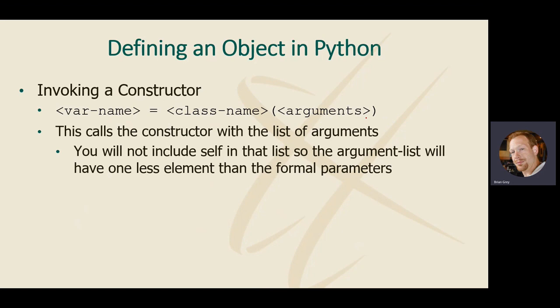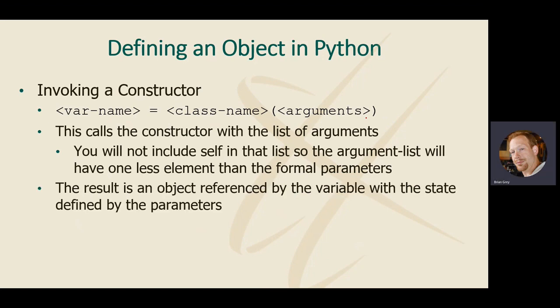So we will have always one additional formal parameter above and beyond the argument list that you give. And the net result of this code is an object referenced by the variable, whatever this variable name is, with the state defined by the parameters and any default values that are given.